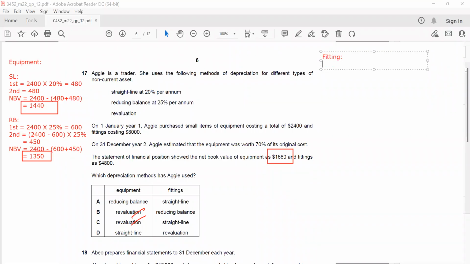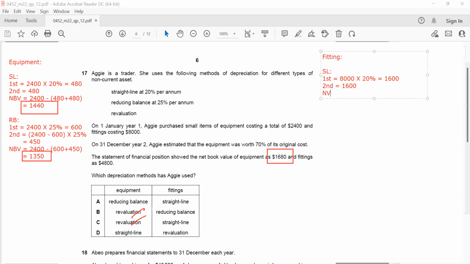Fitting, straight line, will be the first year. First year is how much? 8,000 times 20%, which is 1,006. Second year will be the same, 1,006.